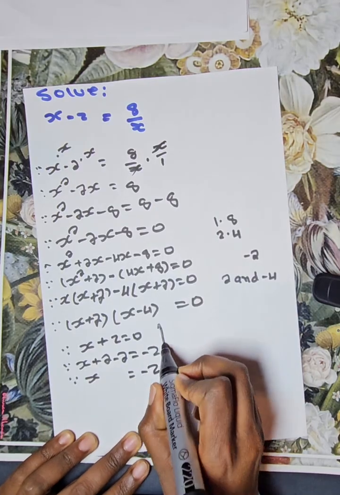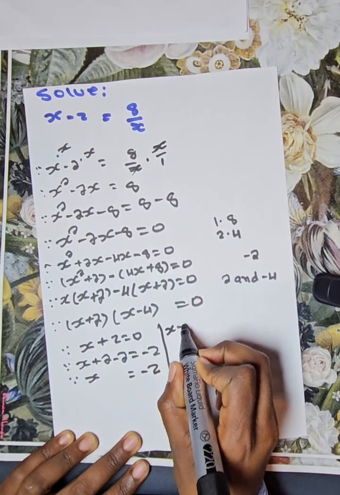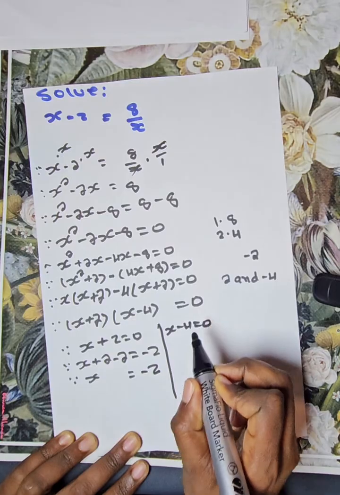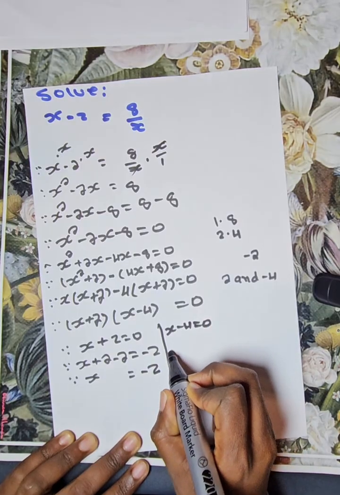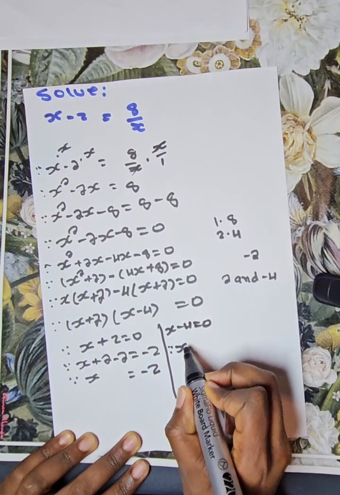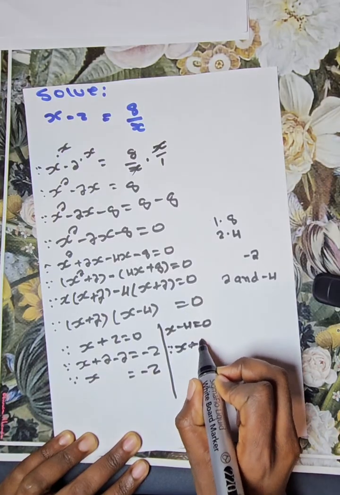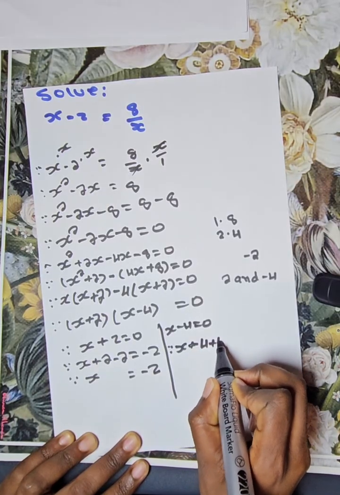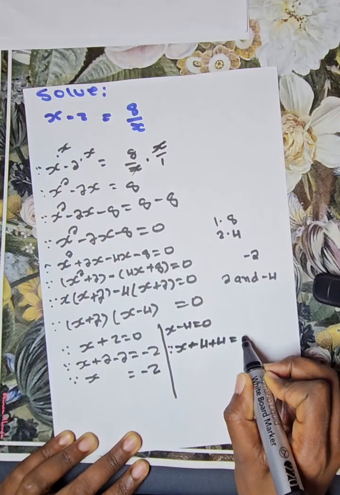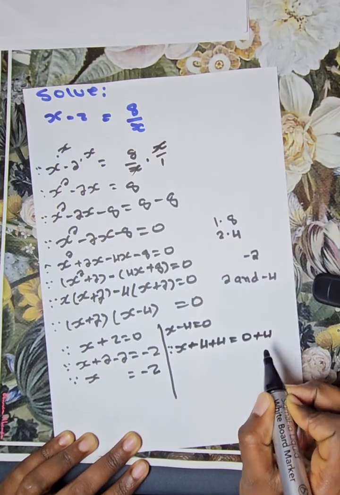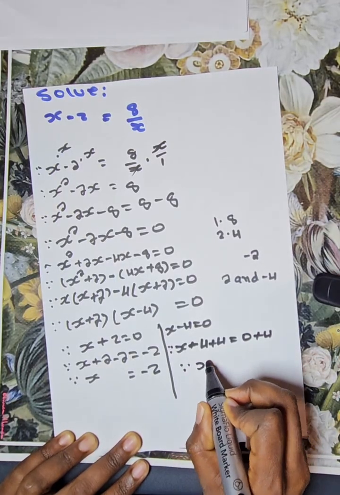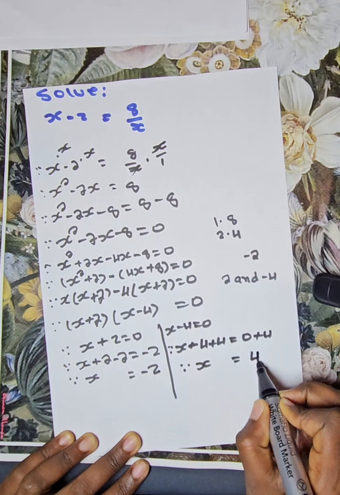Okay. Second, we have x minus 4 equal to 0. In order to isolate x, let's get rid of the minus 4 and we add 4. And let's say equal to 0 plus 4. This simplifies. Our x is equal to 4.